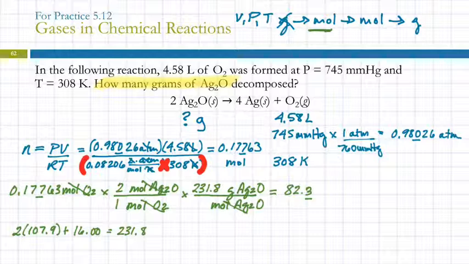And I'm going to write down 2 extras. If you struggle with significant figures, just do 3 or 4. That's going to be fine most of the time. And so then I'm going to round this and say it's 82.3, and the units there are grams of Ag2O.